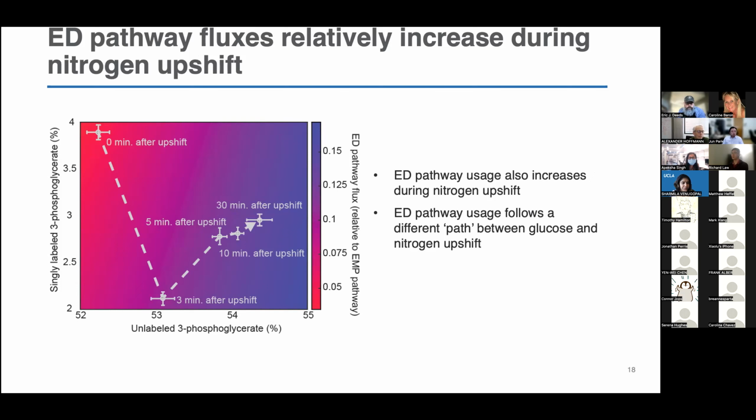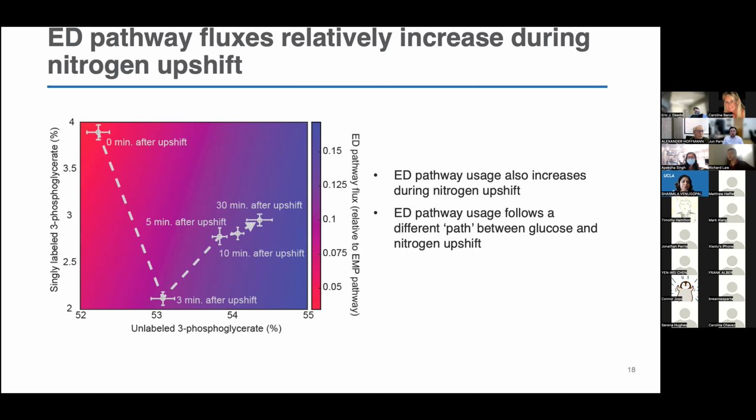But the interesting thing you can get from this graph is that in the case of nitrogen upshift, the ED pathway usage increase follows a different path of labeling profiles between glucose and nitrogen upshift. And so this provides some more unique insights on the different mechanistic ways that metabolism is altering itself in response to these different types of nutrient upshifts.